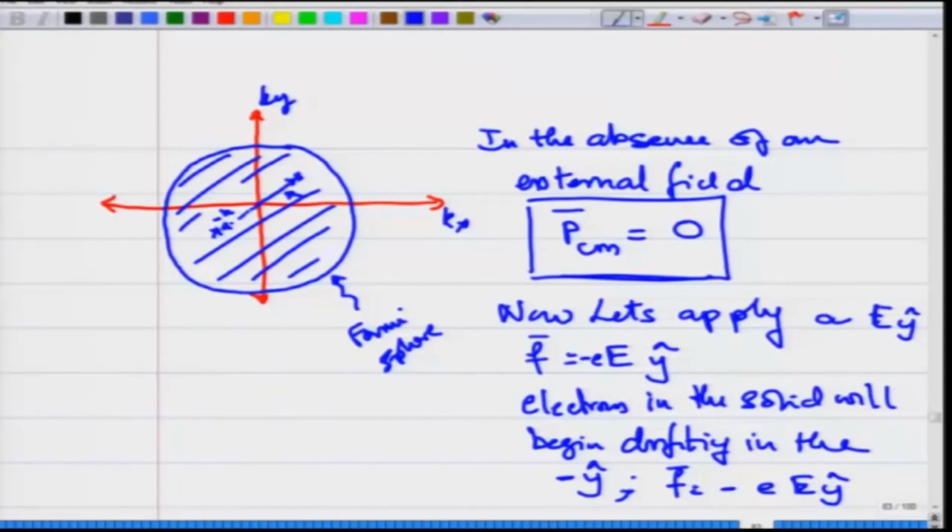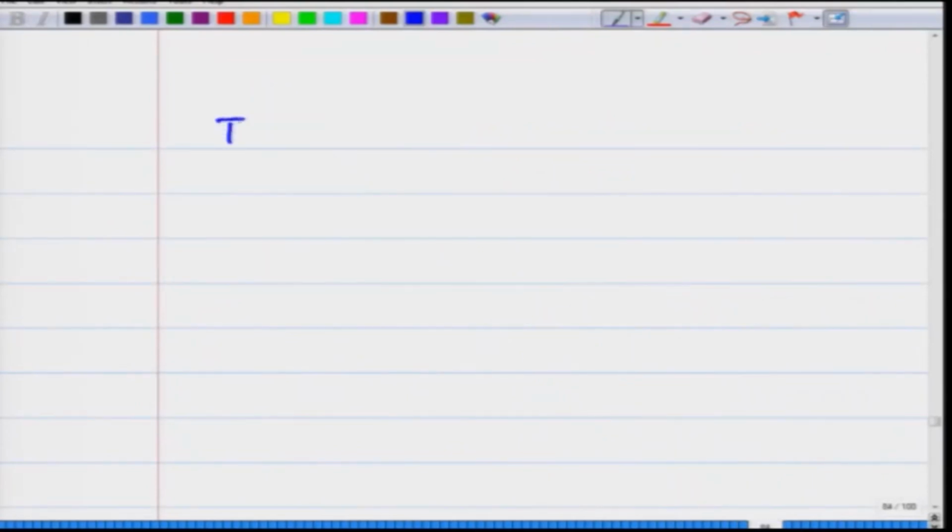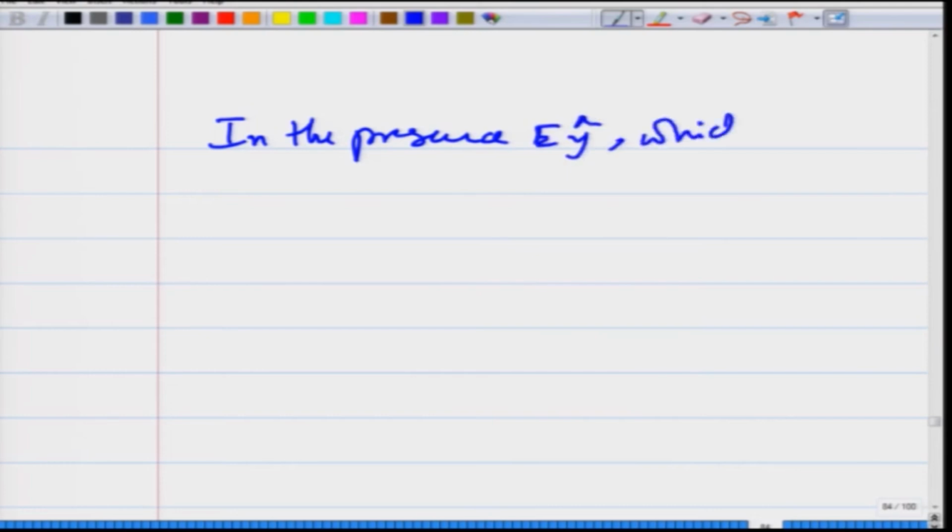When you give a momentum to the system, out of this occupied set of electrons, which are those electrons which are going to start moving? So, in the presence of the electric field E, which electrons move?